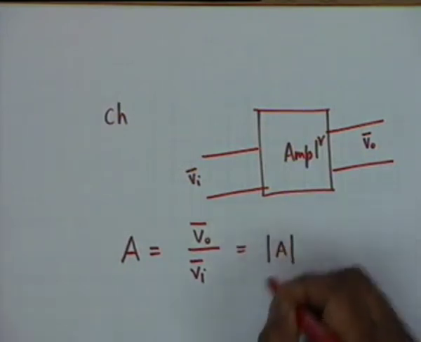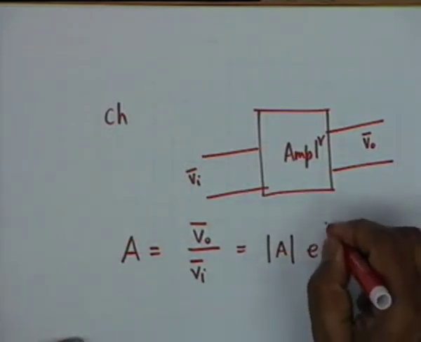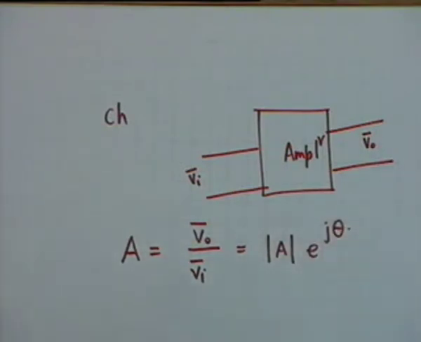There would be a magnitude, which is the ratio of the two magnitudes of the voltages, and there would be a phase, e to the power j theta. All right.